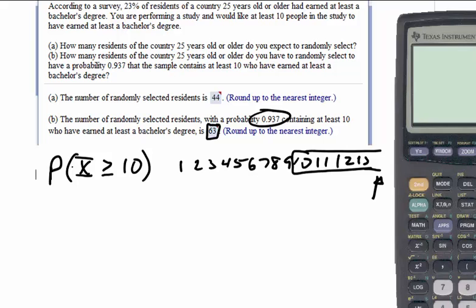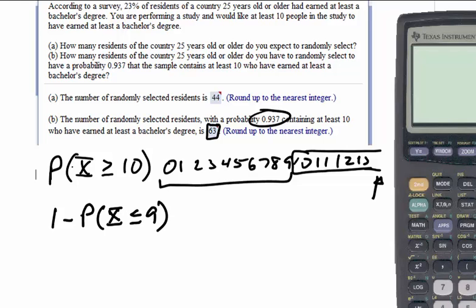So in order to find that, oh, I can put 0 here. It's easier, as we've seen in easier lessons. This one's a challenging problem, but in easier lessons, rather than finding all those, it's easier for me to do 1 minus and find that. So this is the same thing as saying 1 minus the probability that x is less than or equal to 9. Why would I want to do that?